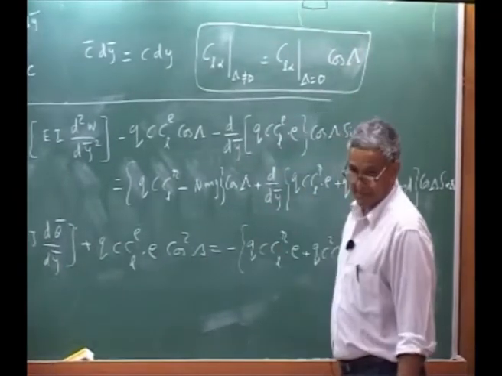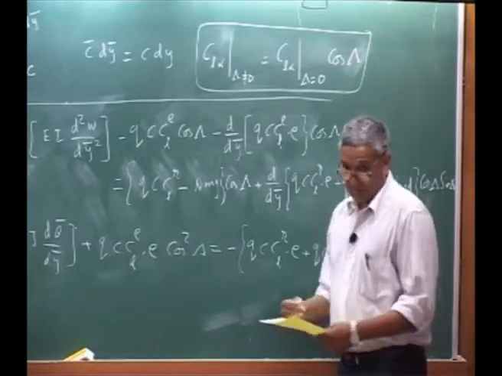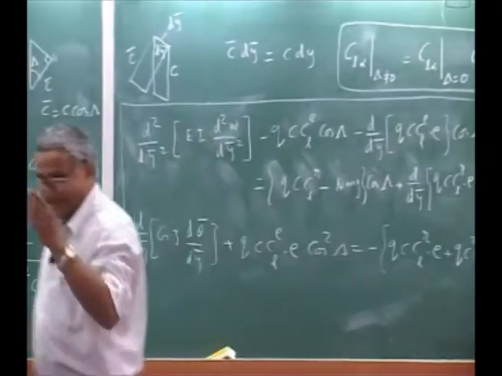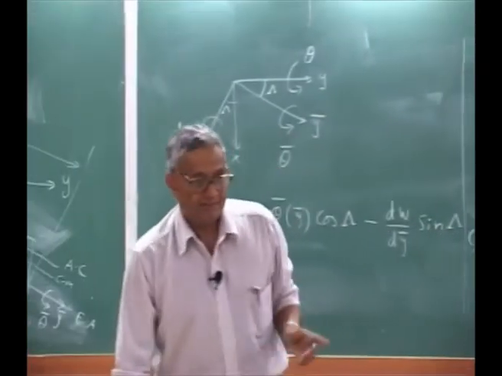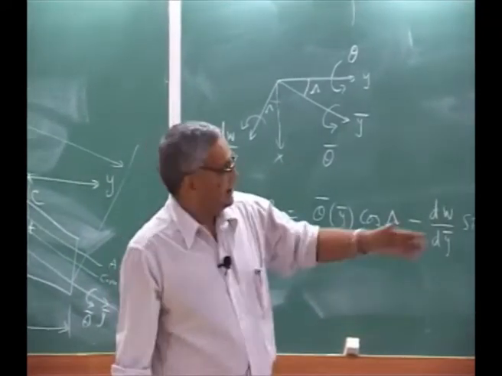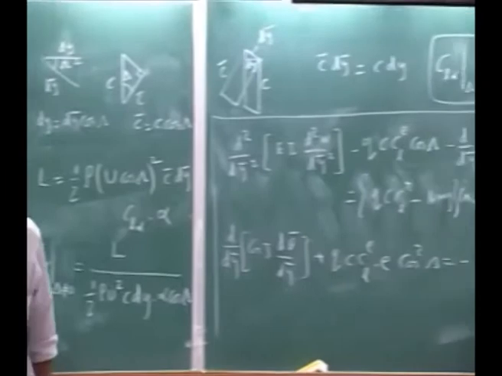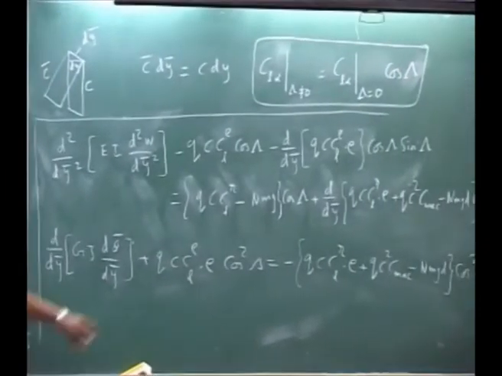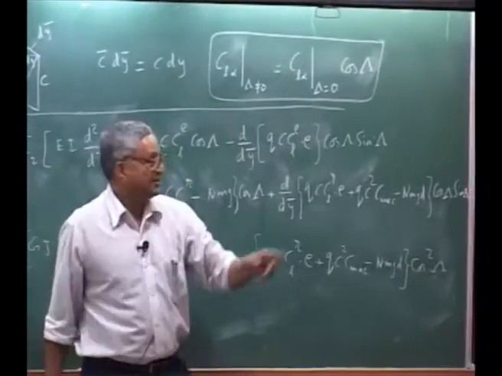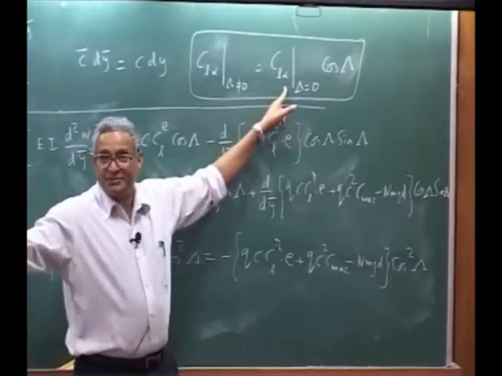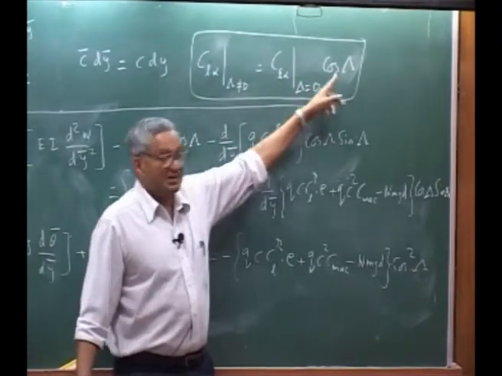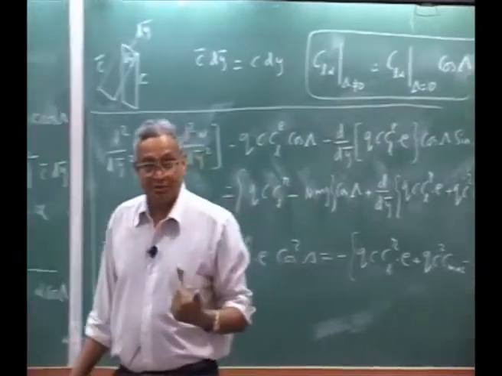Please understand, this is the lift curve slope. Whatever you get normal to the leading edge in an experiment, you have to multiply by cosine lambda to get the lift curve slope with sweep.